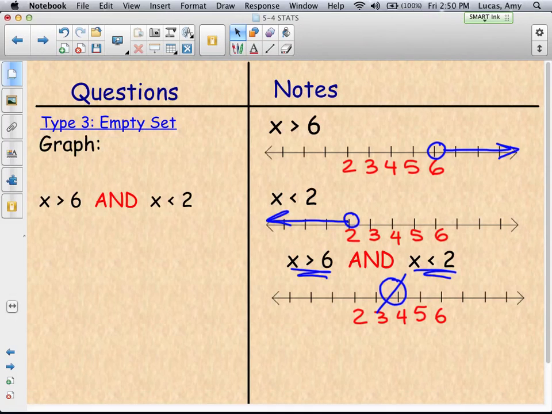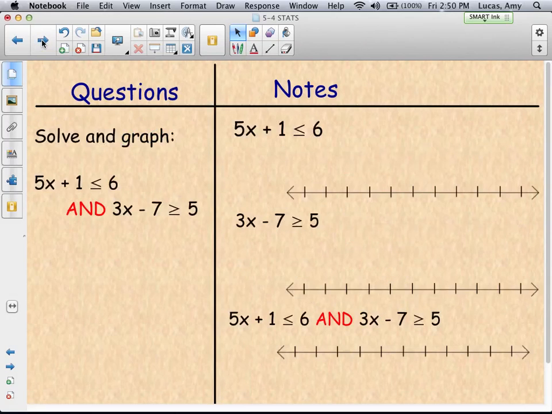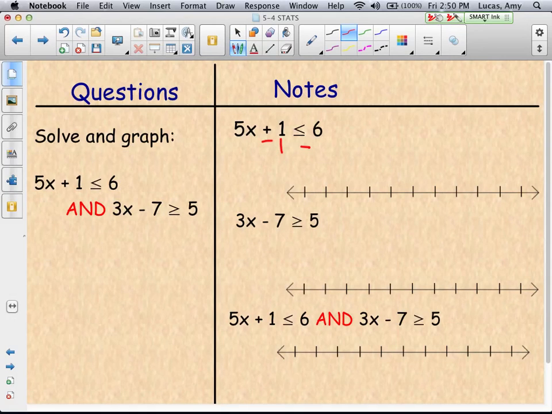So we've had 3 different types. We had the first type, an interval, that's the most common. Second, a ray, and third, an empty set. Now in your homework problems, you are going to need to do some solving first. So this problem is illustrating that you would have to solve it first to get your inequality.